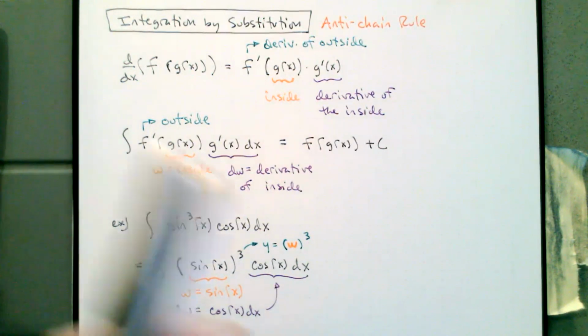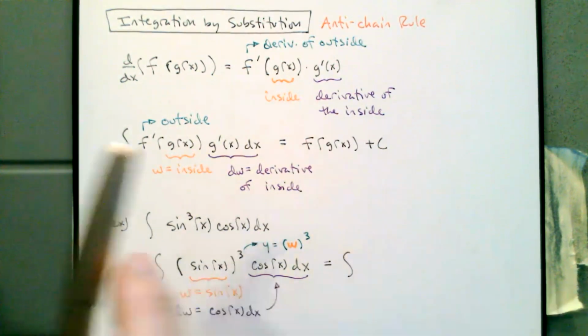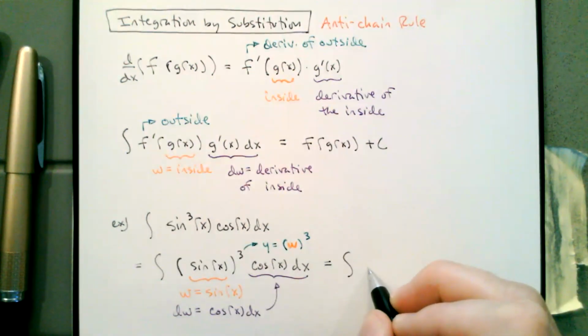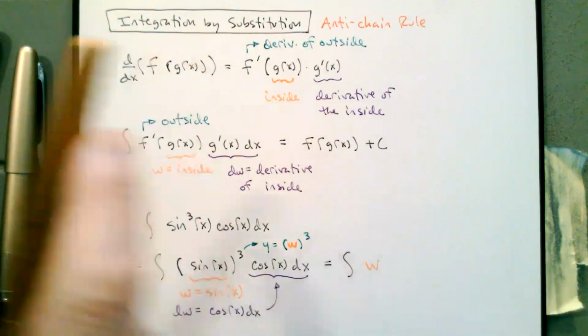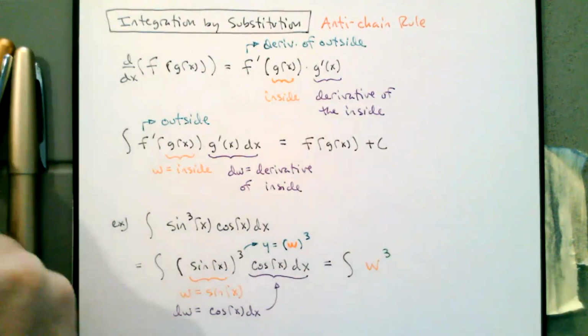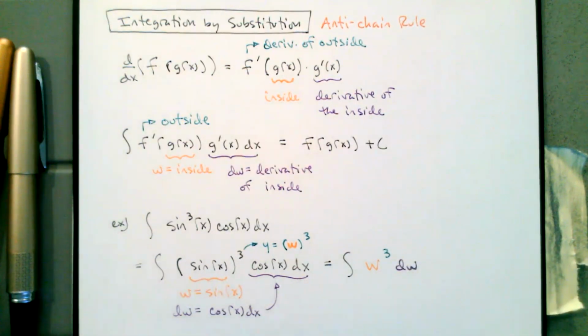So our integral in x after substitution becomes the integral w to the third power and that cosine x dx is all dw. So we've traded our super complex integral in x for this simple integral in w.